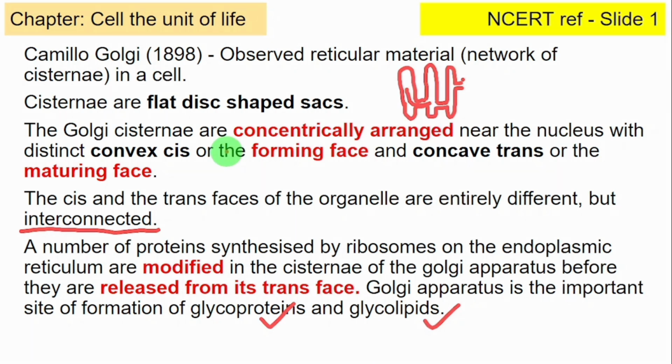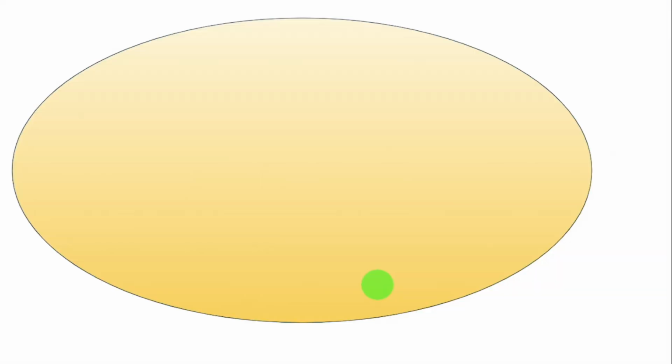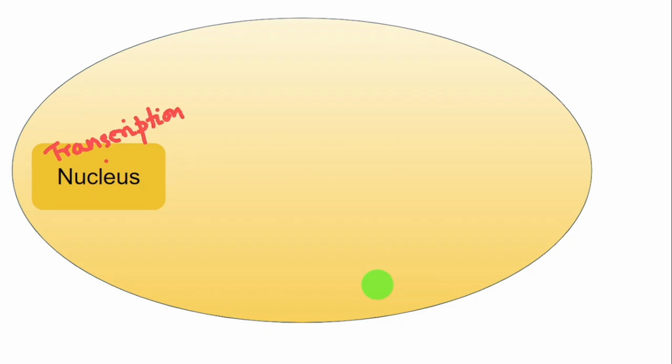So let us visualize what we have read now. The nucleus has DNA. We are talking about proteins. So proteins are encoded in the gene. By the process of transcription, the mRNA will be produced.